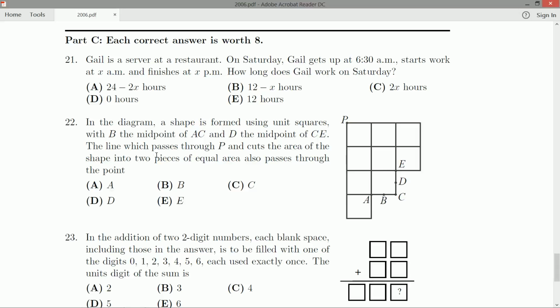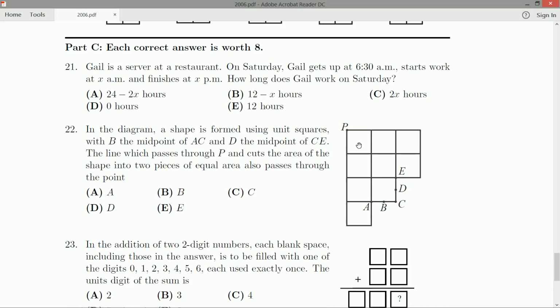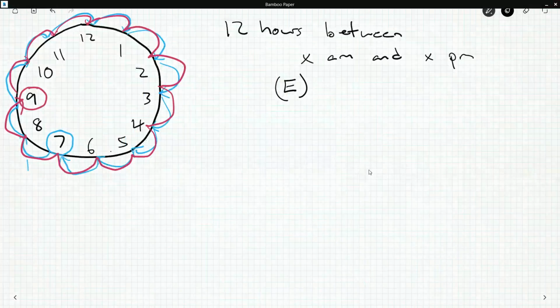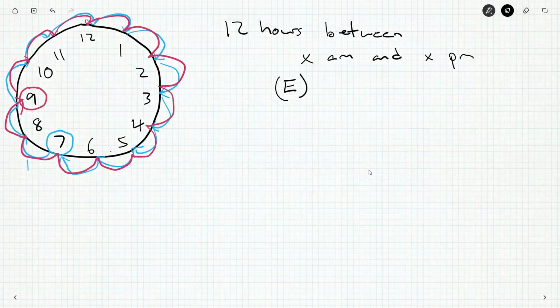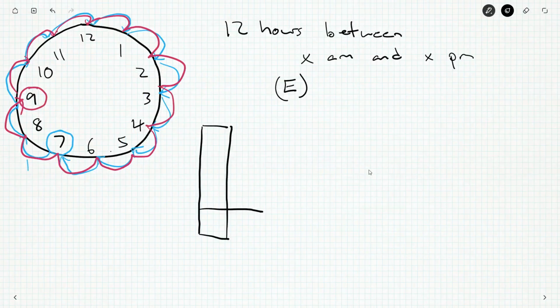Okay, so we're going to pass through P, and we're going to cut through one of these. Well, let's draw our picture. I think we have enough room from the last question. There was one down at the bottom, and then we go over one unit, and that's where the A, B, C, D, E stuff started.